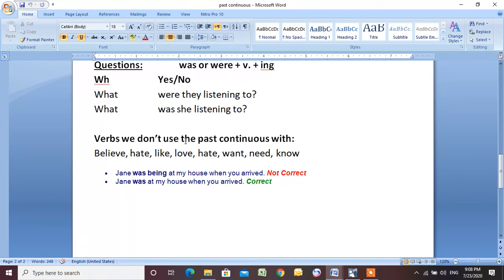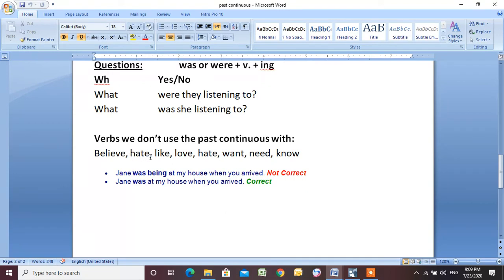Now, verbs we don't use the past continuous with. You understand that there are certain verbs that we call the stative verbs, the verbs that we have talked about. Now, these verbs, we cannot use them in any continuous tenses, either present or past continuous, or even present perfect continuous or past perfect continuous tense, any continuous tenses. Alright, what are these verbs?